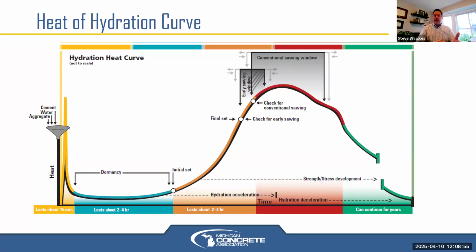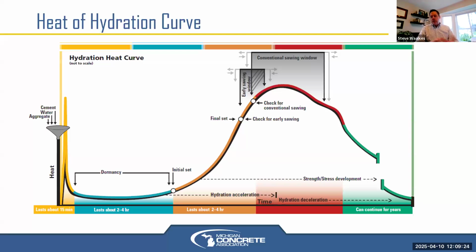We can mix it at a plant and then put it in a truck, or mix it in a truck if it's dry batch, into ready mix trucks, and then haul it to the job site as long as that plant is located within a close enough range where we're still within that dormancy phase, like you see on this slide, that kind of teal blue color. Typically that lasts anywhere from 2 to 4 hours. You can have special admixtures that extend that out to 8 hours or more without negative effects.